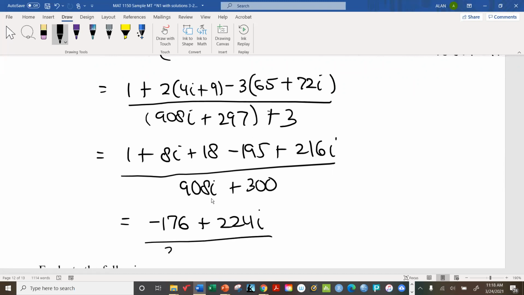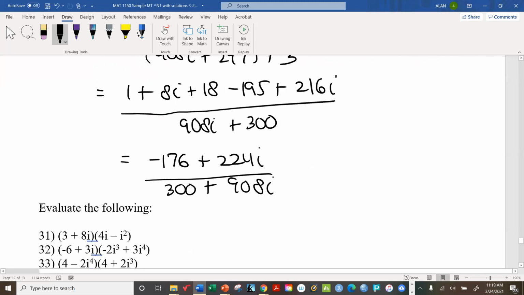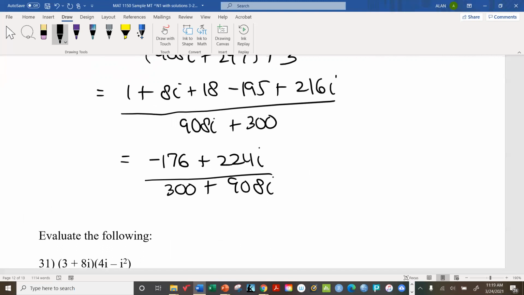And down here, let's write this as 300 plus 908i to put it in the more traditional format. Okay. Man, that was a doozy, huh?